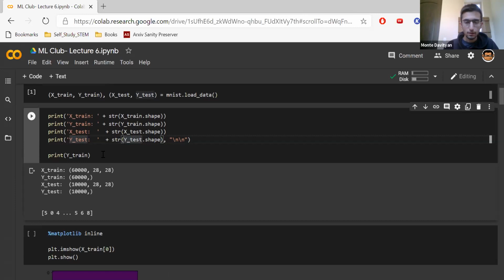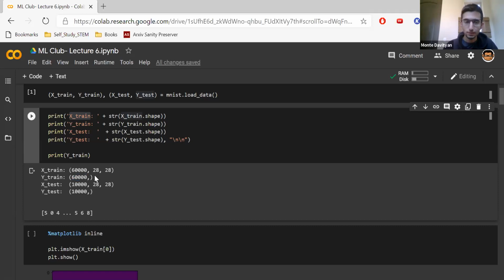And then again, just like the second lecture, we want to see what we're working with, so we're going to print the shape of our data. We can see the X train is 60,000 by 28 by 28. This means we have 60,000 images of size 28 by 28 pixels. And Y train is just 60,000, which corresponds to the labels.